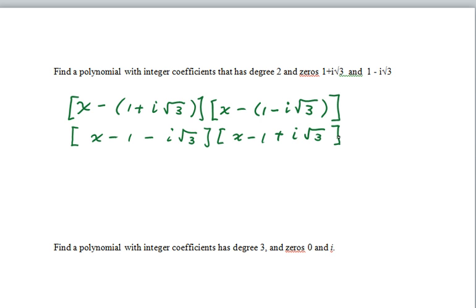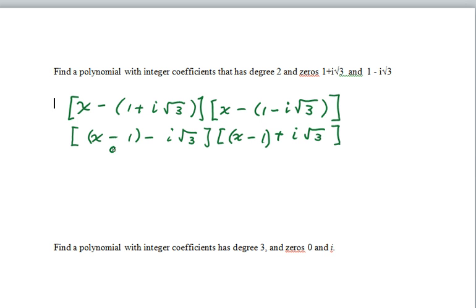Now, this is actually 3 terms times 3 terms. We could do this multiplication directly. We'd get 9 terms and then simplify. But what we usually do is put parentheses around the x minus 1's, because now we have the difference of squares.